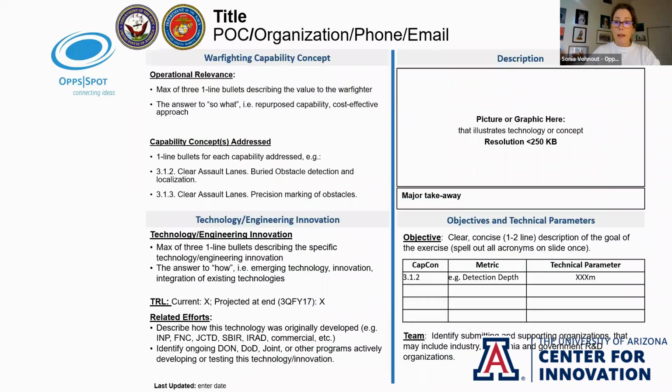And then this is the example from Rapid Innovation Program, where you've got the capability that the warfighter is asking for, description of the graphics, the objectives about your team.